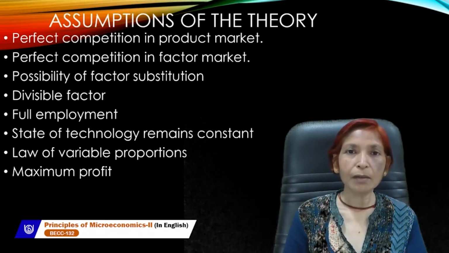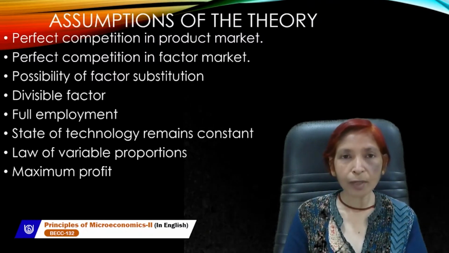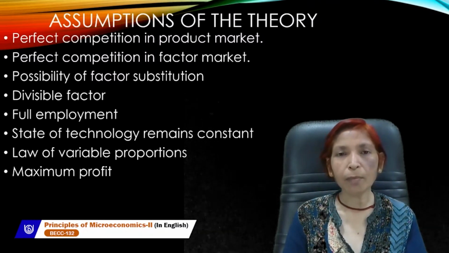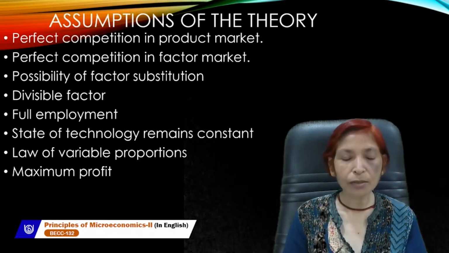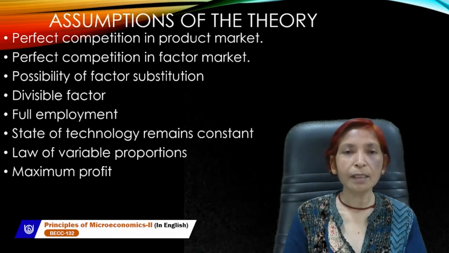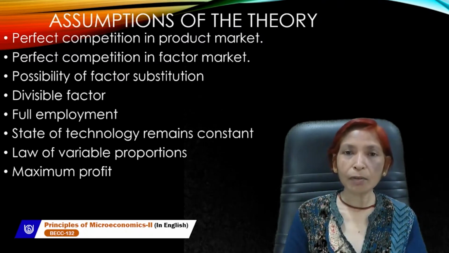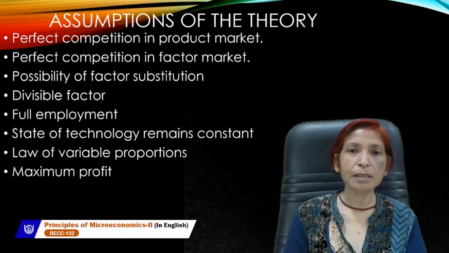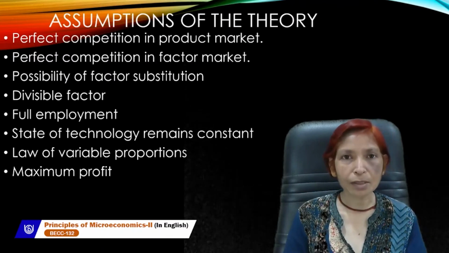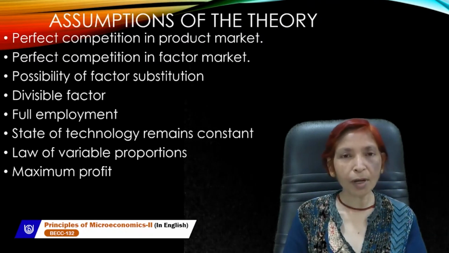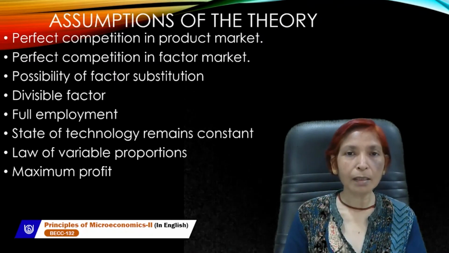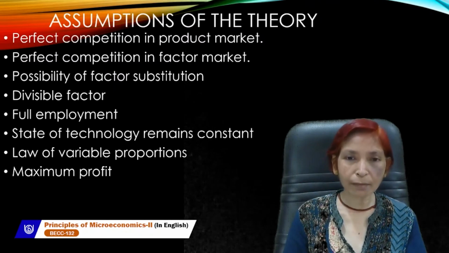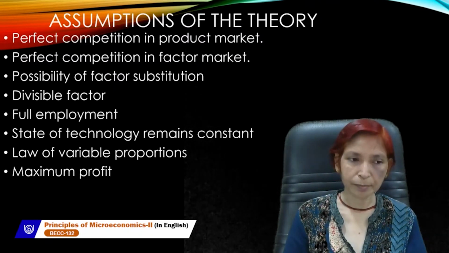If they are not willing to work, how can you give employment opportunities to those who are voluntarily unemployed? So full employment is a very rare condition. It's a very unrealistic assumption. But J.B. Clark, under the theory of marginal productivity, assumed it.